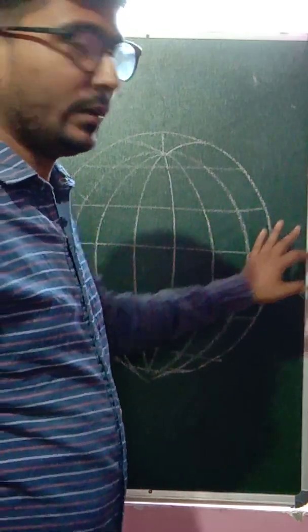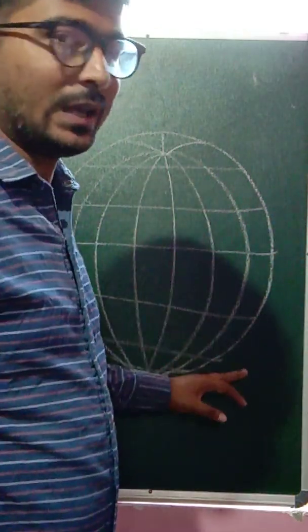So one is the latitude lines and another is the longitudinal lines.